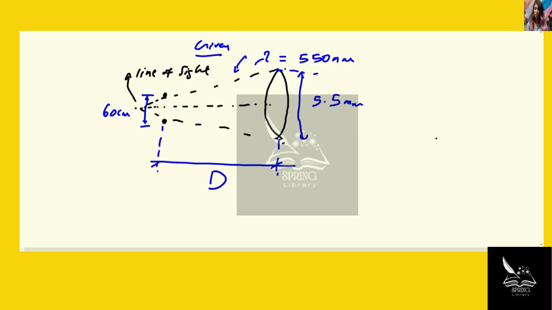In this problem, we already see that we do have light going from the flowers, the actual flowers, up until the eye, and there are certain assumptions being made in this particular problem.